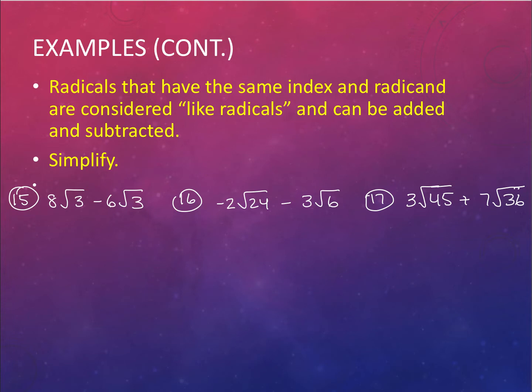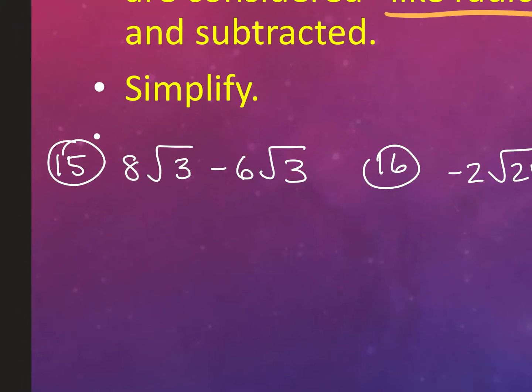Right. Radicals that have the same index and radicand are considered like radicals and can be added and subtracted. So in number 15, these are like radicals because I have the same square root 3 and square root 3. So that means I can add them or subtract them because here I'm subtracting.